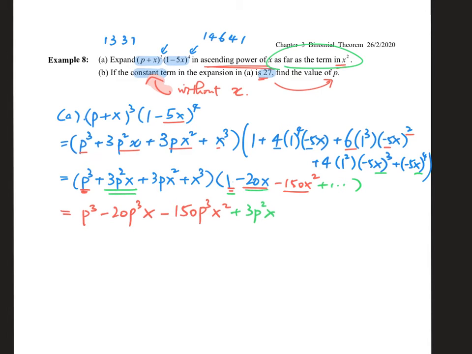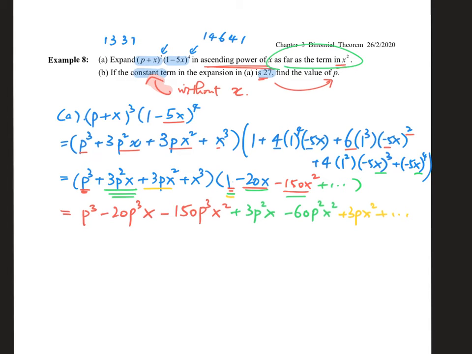Then you have 3p squared x times minus 20x, which gives minus 60p squared x squared. I won't multiply the third one because it goes to x to the power 3. It's too big in our consideration, so again I'm lazy and not writing it. In this consideration, 3p x squared will be multiplied by 1 only, which gives you 3p x squared. And then finally, don't forget to write dot dot dot because you ignored a number of terms over there.